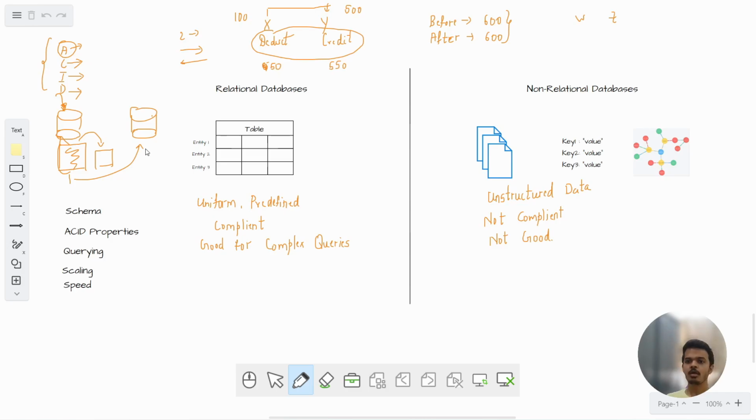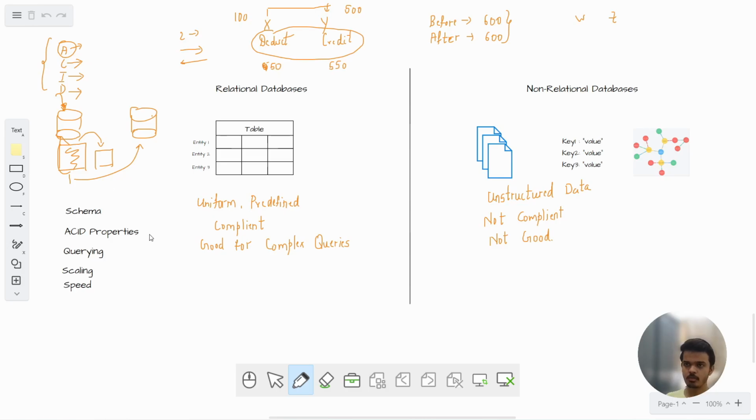So in case of scaling, relational databases are supposed to be scaled vertically. It is convenient to scale relational databases vertically, whereas non-relational databases can very easily be scaled horizontally. There are multiple servers, you can store different documents in different servers, and that would be absolutely fine.